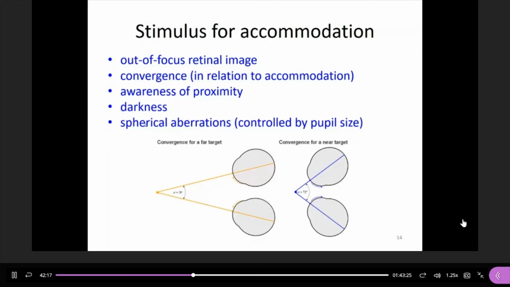With a bigger aperture, the amount of spherical aberration increases, because that is controlled by the pupil size. When you experience an increase in spherical aberration, meaning that you have a dilated pupil, it will trigger the accommodation too.